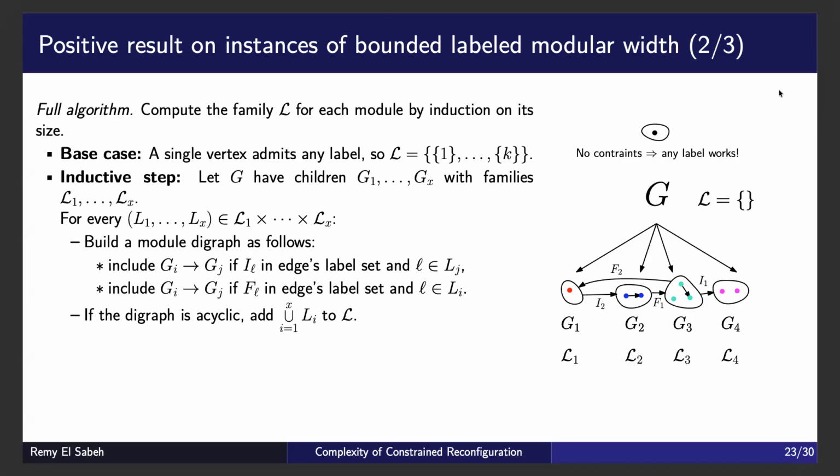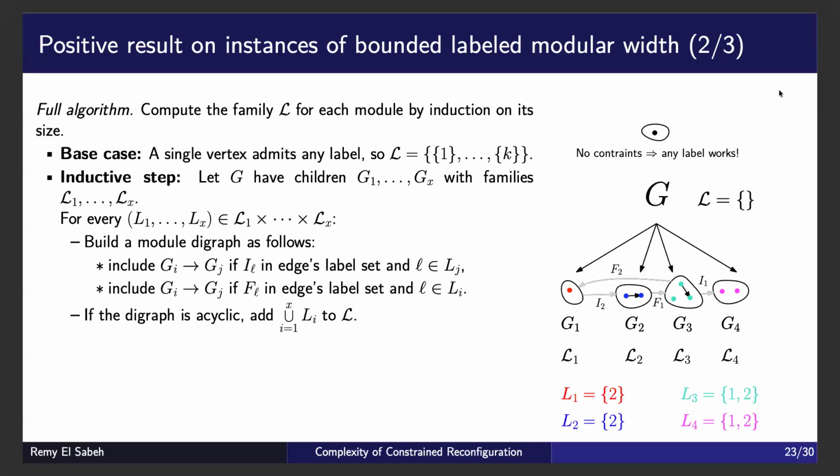So the idea here is we'll be looping over every combination of the feasible label sets for the modules. And then we figure out which of these arcs will have to be included depending on the labels that are used within each one of these modules. So that's a lot easier to explain via an example.